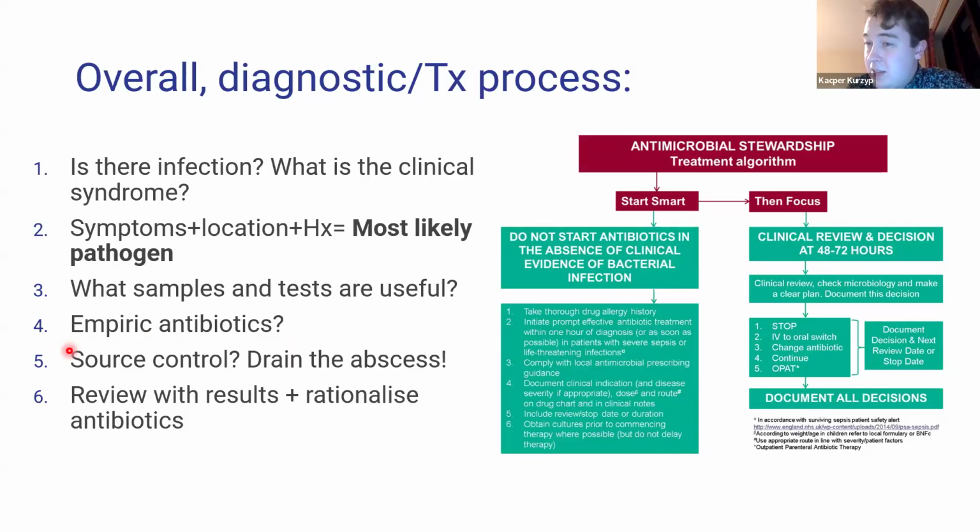If they have an infected line that is going just above their heart, you might want to pull that line out. If they have an infected pacemaker lead, ideally you would remove that. It's not always possible, but LabMed questions will want you to consider, is there a possibility of source control? As that will be more important, and that's the thing that will actually enable you to cure the infection.